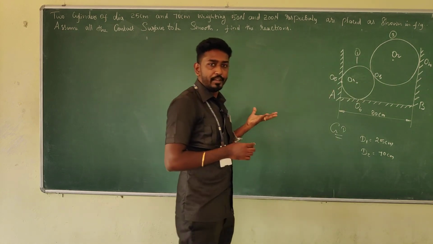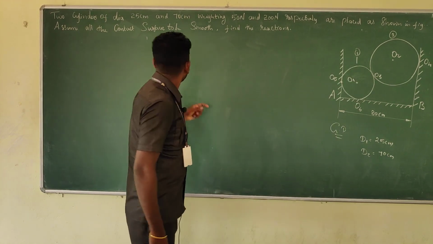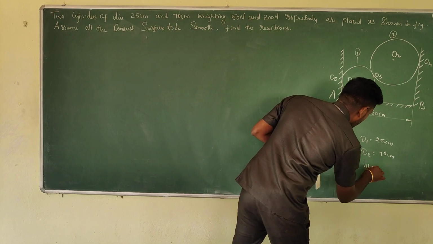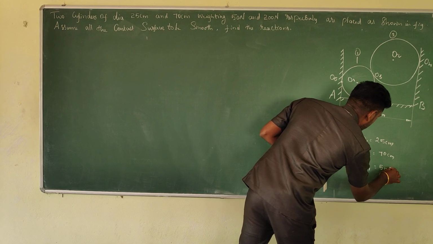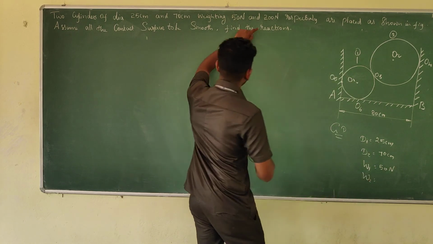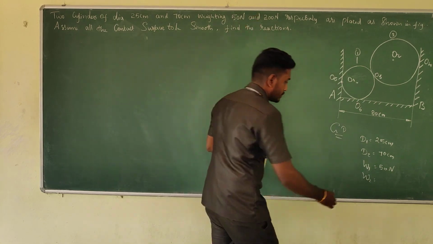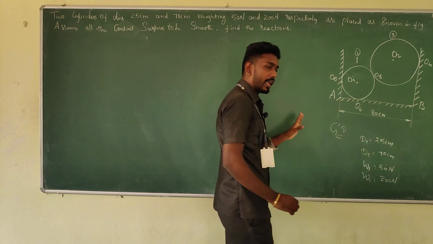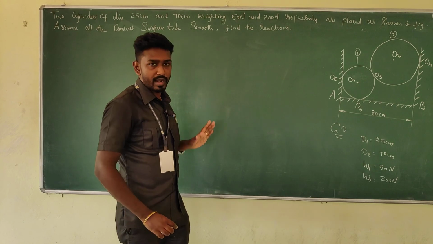What about the weight of the first cylinder? W1 is 50 Newton. What about the second one? The second cylinder weight is given as 200 Newton. These are the data given in the question.